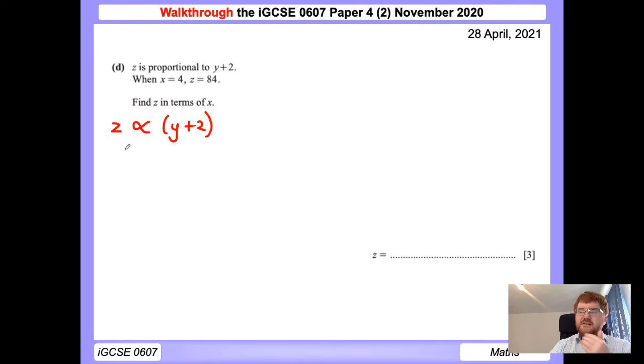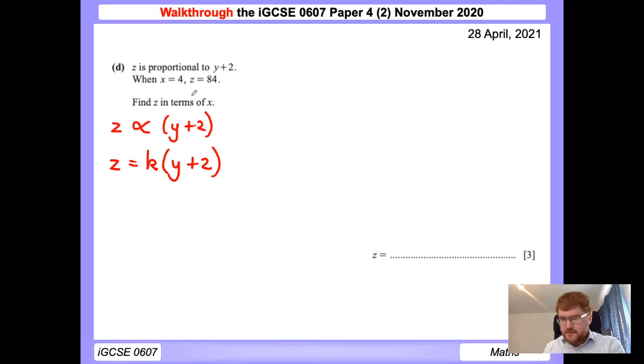That means that if we transfer this to an equation, this is where we have to be careful, then z is equal to some constant k, open brackets, y plus 2. Okay, brackets are really, really important here. This is why I put it in brackets here. At this point, you think, well, we don't have an x to work out what k is.